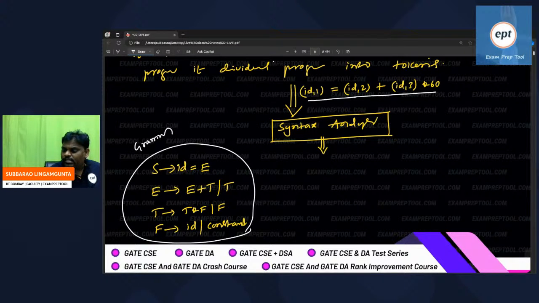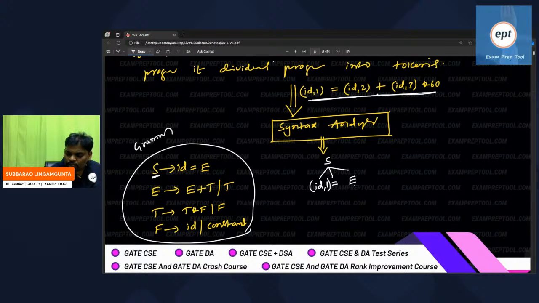So what the syntax analyzer will try to do is, whatever input is coming, use this grammar to create the tree. Starting from the first production: S goes to ID equal to E. This ID is ID1.